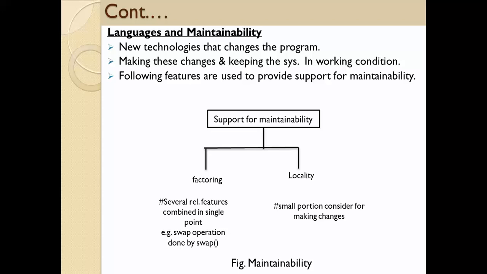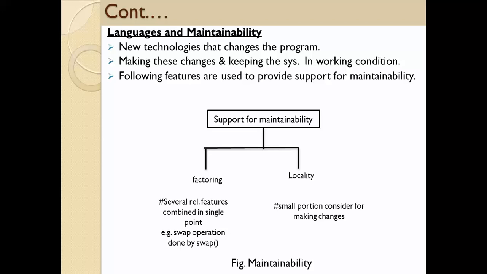Now next one is locality. Locality is nothing but, for modification or upgradation, we consider only a small portion for making the changes, which is very helpful for maintenance. Instead of making changes in the whole program, you consider a particular portion or function and edit only that.